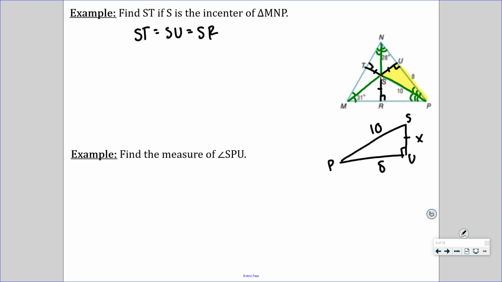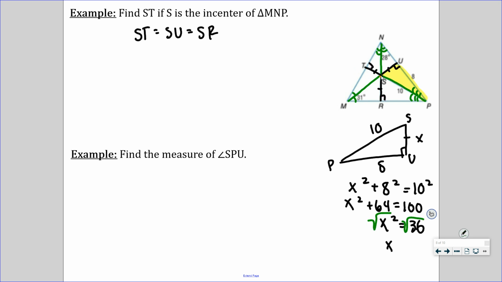Ooh, Jessa. Pythagorean theorem! Nice. I'm going to call it X. You can call it whatever you want. But my two legs squared equal my hypotenuse squared. All right, let's quickly solve this. That's 64. That's 100. Subtract, we get 36.